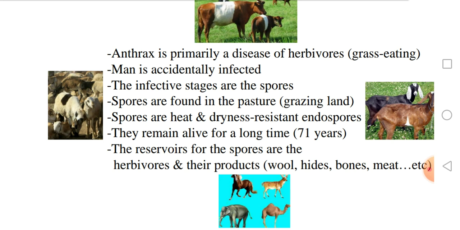Spores are heat and dryness resistant endospores. They remain alive for a long time, up to 71 years. The reservoirs for the spores are the herbivores and their products: wool, hides, bones, meat, and other products.